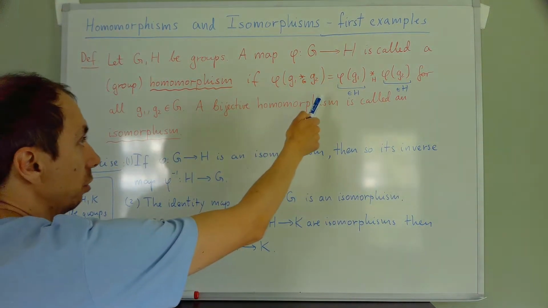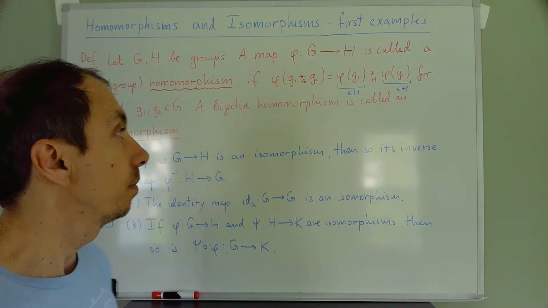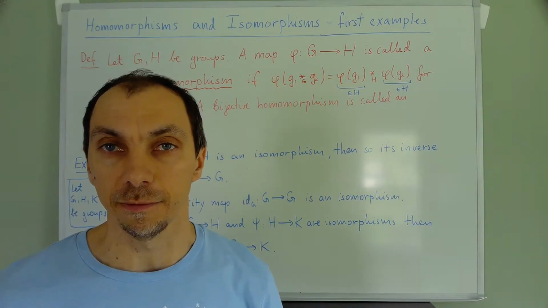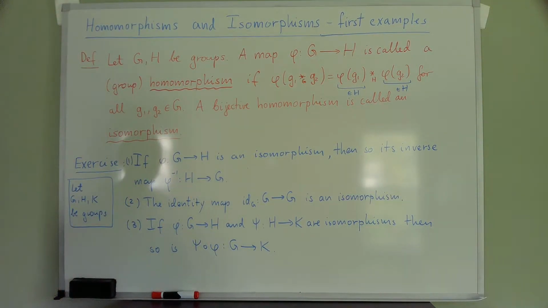So phi of g1 g2 is equal to phi of g1 times phi of g2. A homomorphism that is bijective is called an isomorphism. So a bijective homomorphism is an isomorphism.